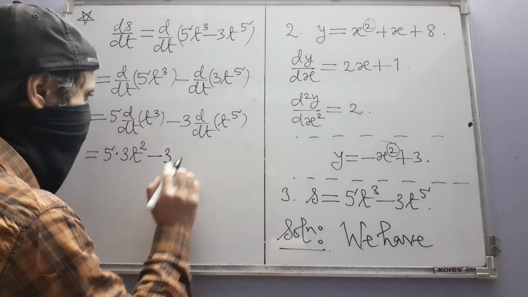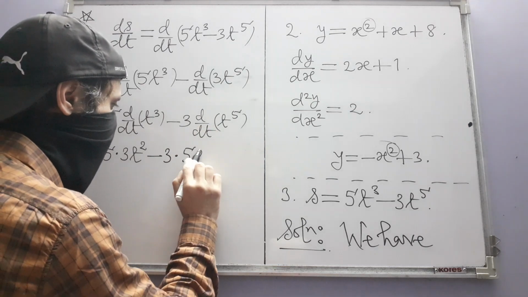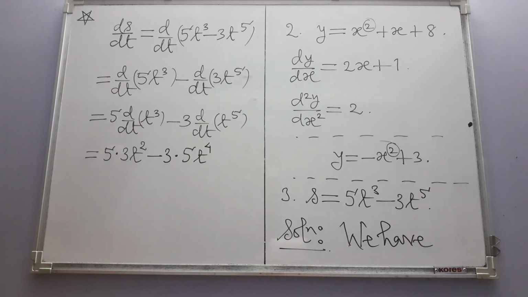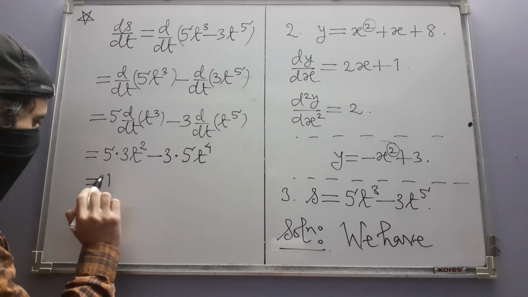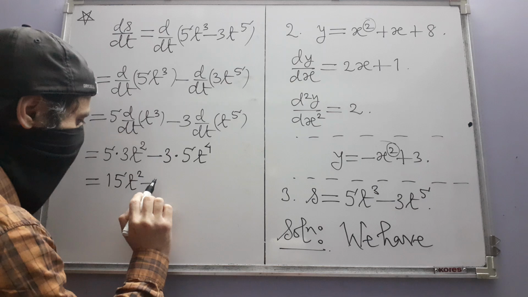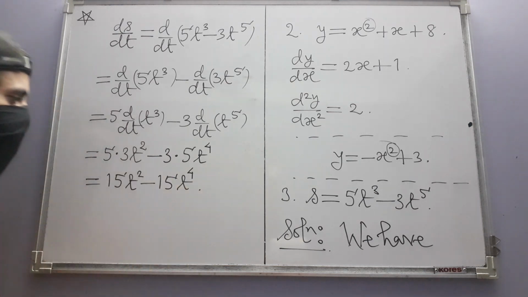Minus 3 times, here again 5 comes first and then the exponent of t gets reduced by 1. So we get 15 t squared minus 15 t to the power 4.